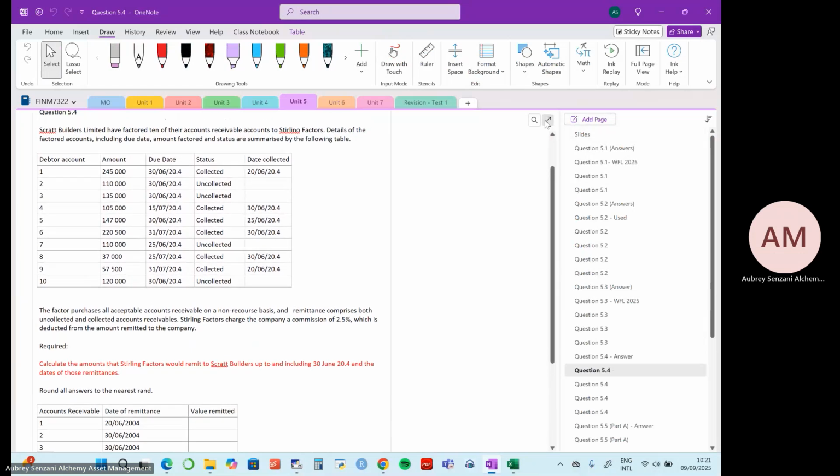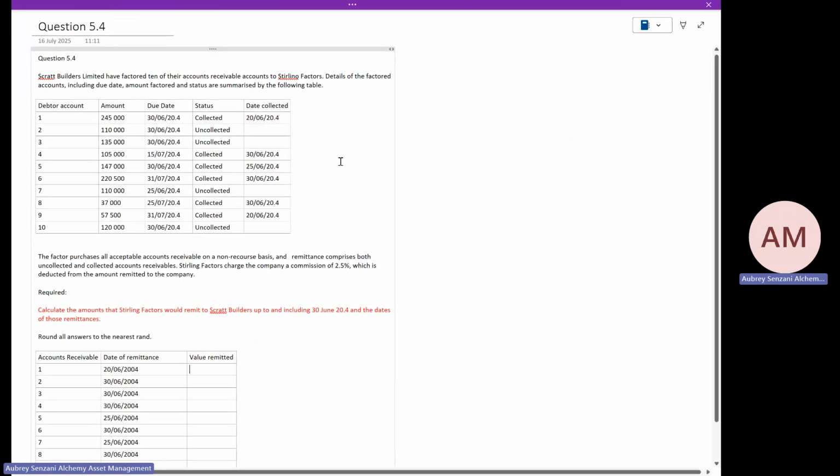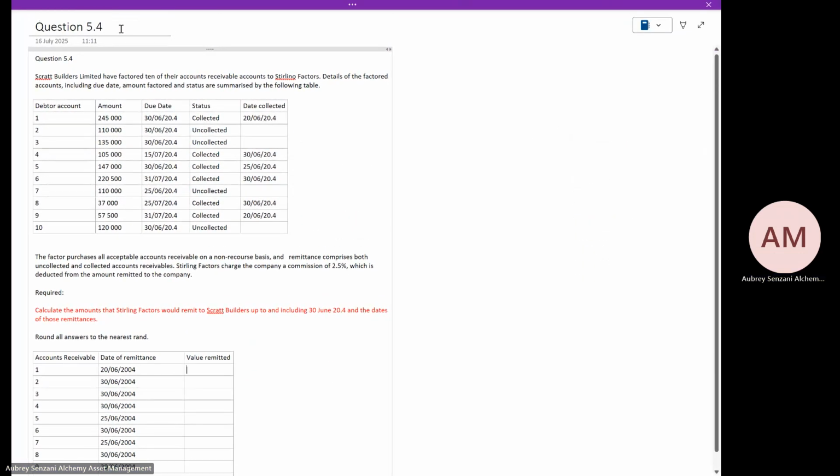Right. So then we can go to 5.4. And what is happening over there?